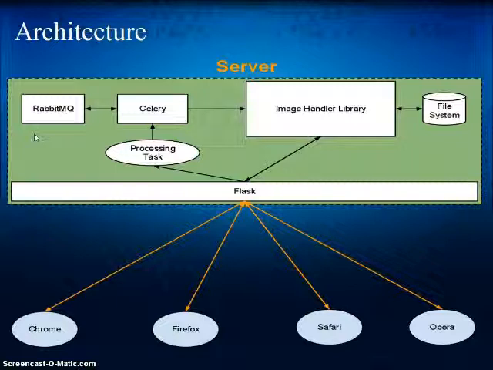And Celery handles managing when those tasks need to be processed and when there are resources available and keeping track of them, and makes calls to the image library to process the file and save down data to the file system. And once that's complete, those images will be available to the front end UI that the user will access by hitting URLs that Flask is handling for us.